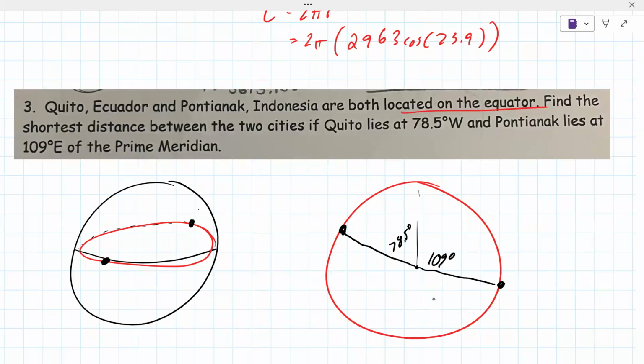To find the shortest distance between the two cities, what I can't tell you is if they mean going around or through. You can do this many ways. It looks like the way you solved it, it's going around the surface of the Earth, which is not the shortest, by the way.